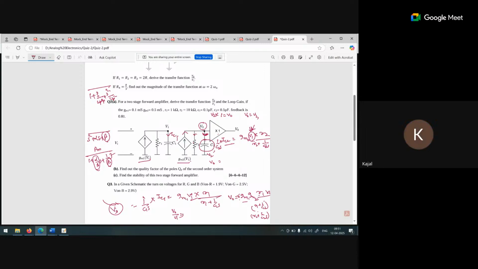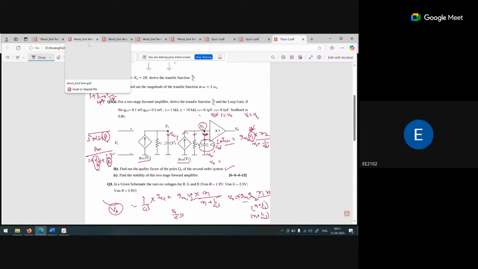Sir, the stability, second b part. Initially you are asking the b part, no? Now find the stability of the second order system. How do we find the stability? For this part you can calculate the poles of that second order equation.